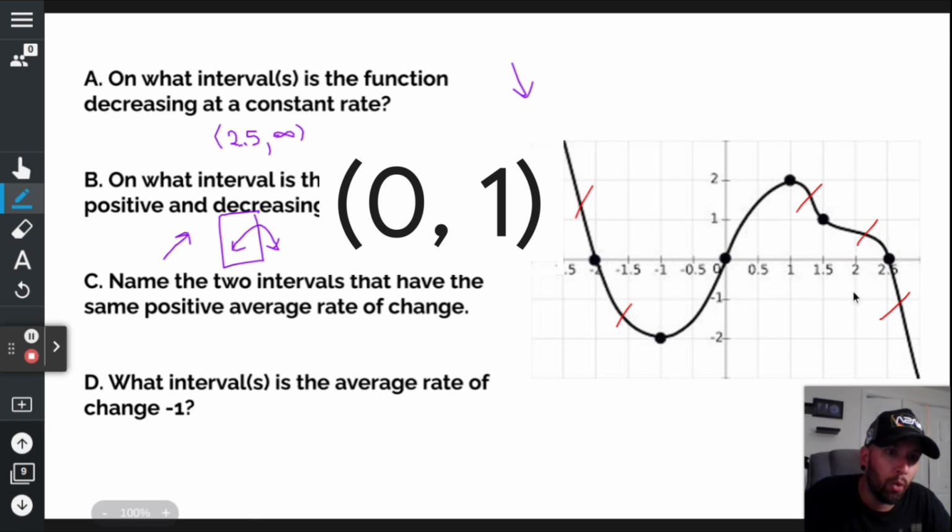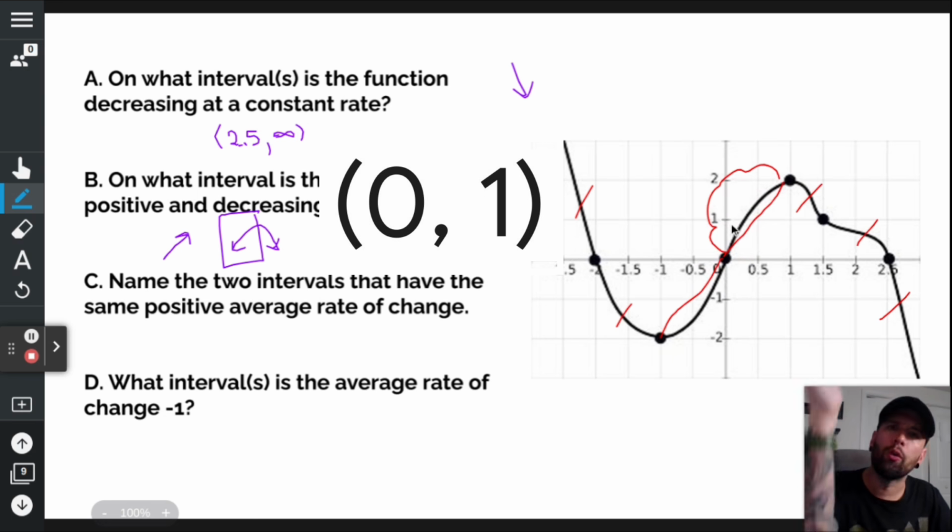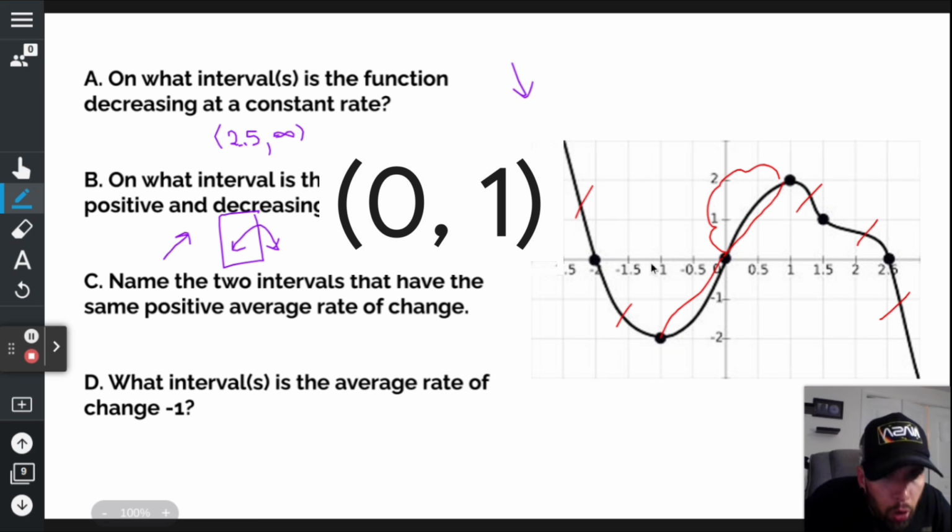Well, that makes life a whole lot easier because between here and here, I go up 2 over 2, and between here and here, I also go up 2 over 2. I should say up 2 units over 2 units, because if you really look at this graph, it's actually not up 2 over 2, and that's going to bite us when we do D. All right, so we will say the 2 intervals are going to be between -1 and 0, union, and between 0 and 1.